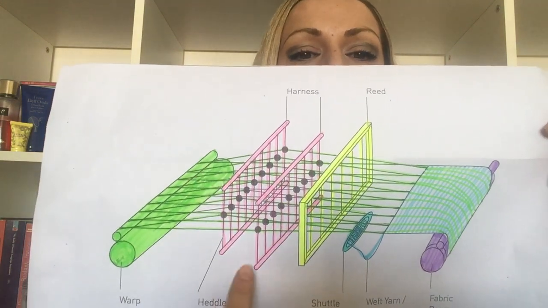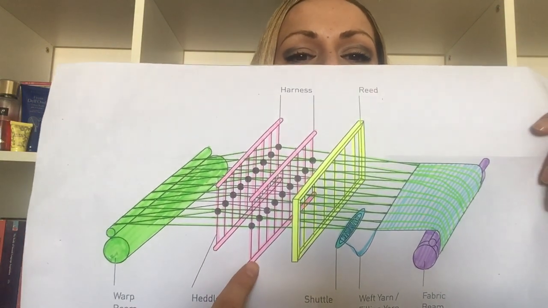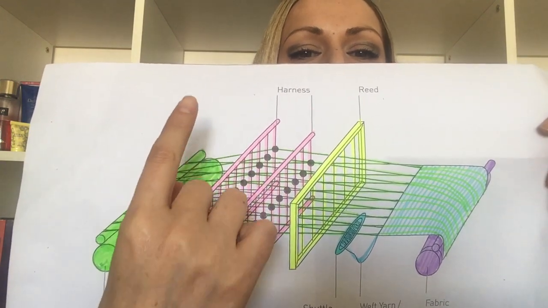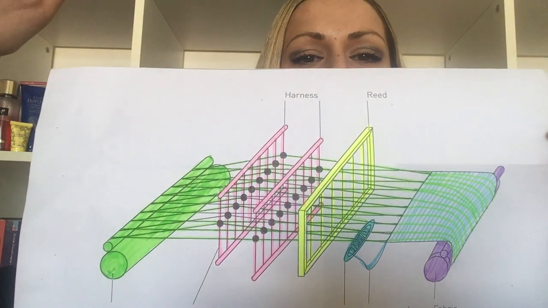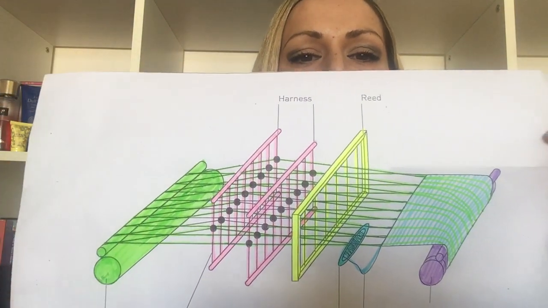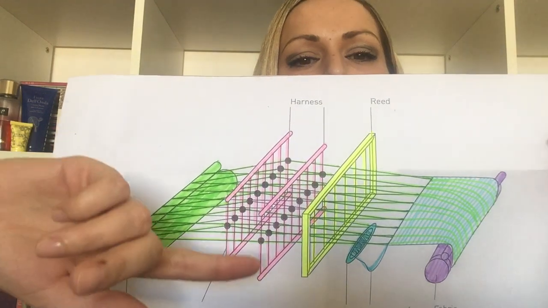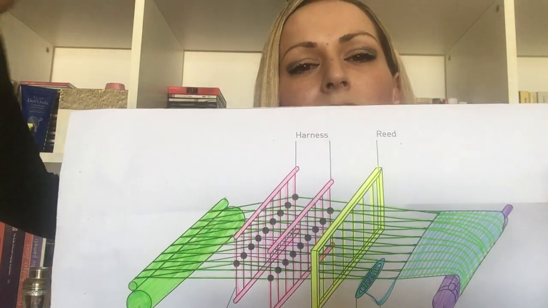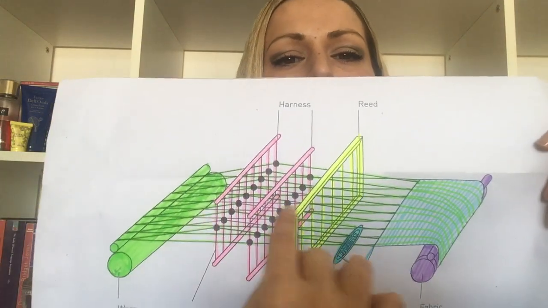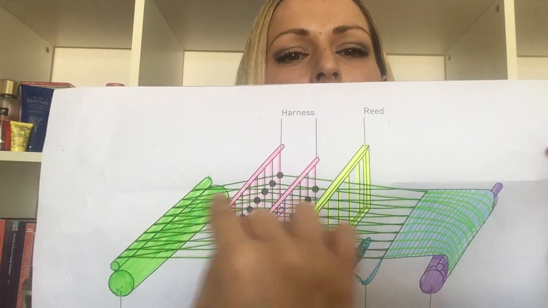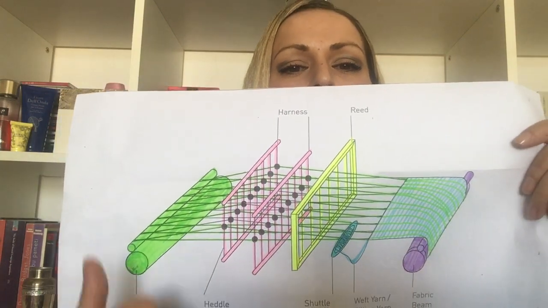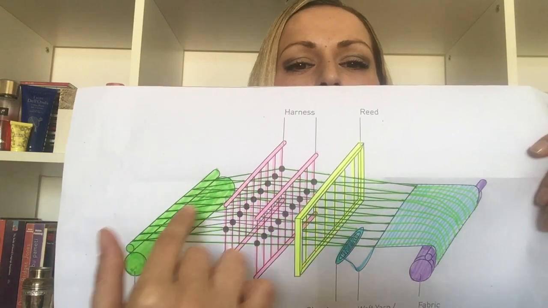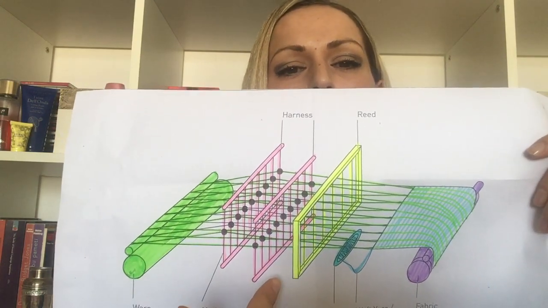Okay, so the harnesses or jills are here in pink, and one of them is going to rise and the other one is going to lower. Every other warp thread is guided through one particular harness, and the ones that remain will be guided through another.